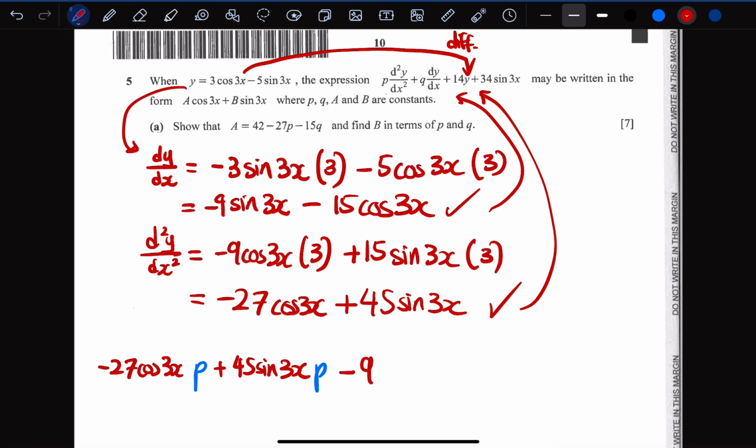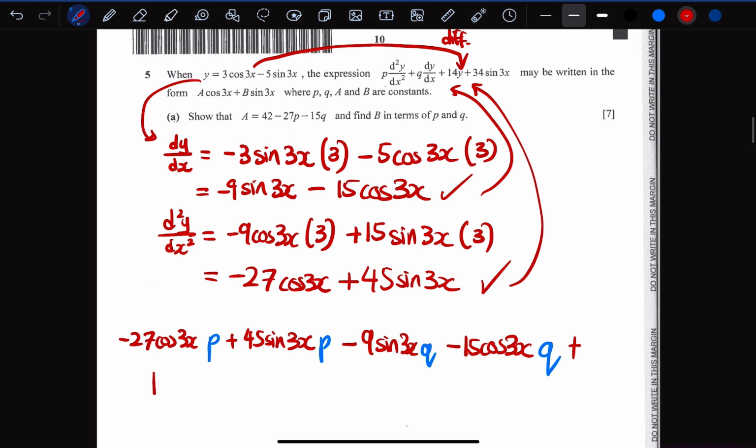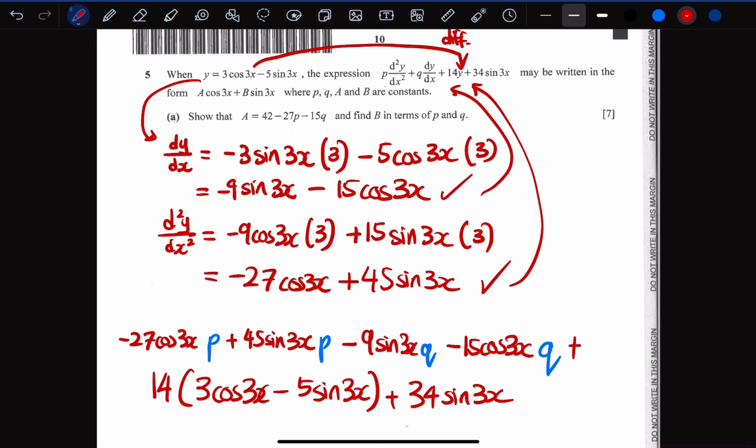So minus 9 sine 3x, q, minus 15 cosine 3x, another q. And then we're going to add our 14y. 14y is essentially just this, so we're just going to sub it back in, and plus an additional 34 sine 3x.